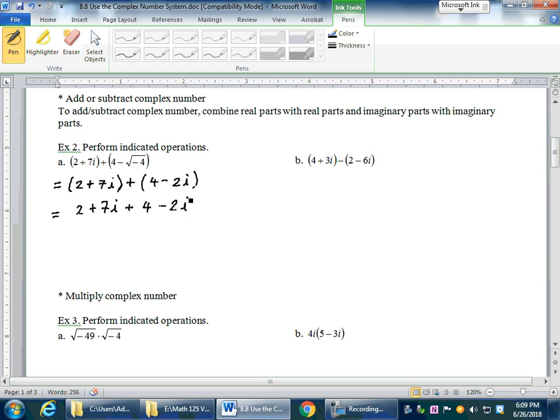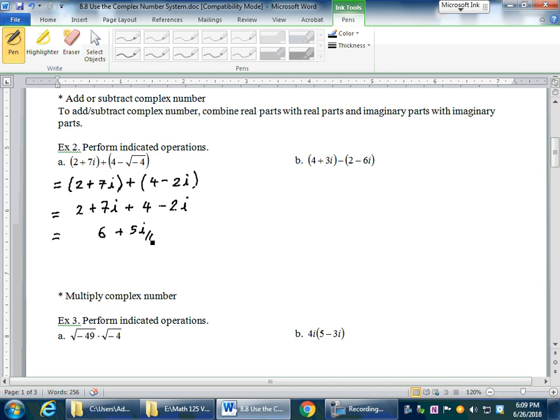Real parts combined with real parts become 6. For the imaginary part, 7i minus 2i gives me plus 5i, and this will be my final answer. You want to write your complex number in standard form, which is the real part first and then the imaginary part.